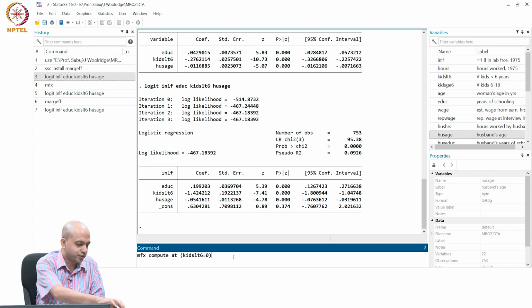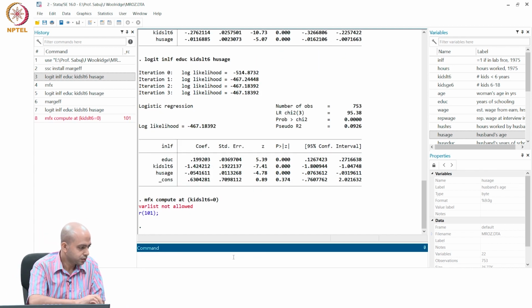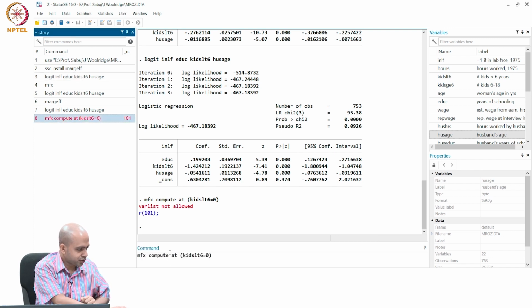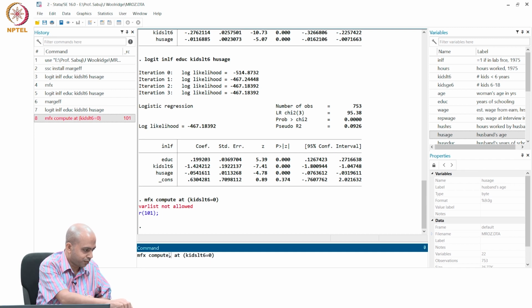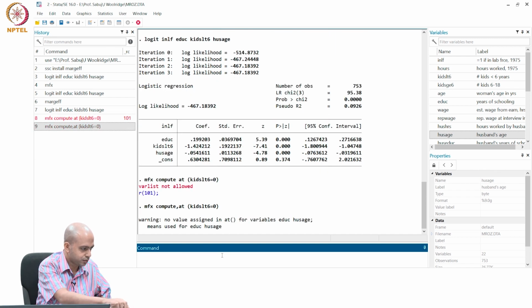Sorry, I made a mistake in my command here. mfx compute, we have to put a comma and then add kids lt 6 equals to 0.